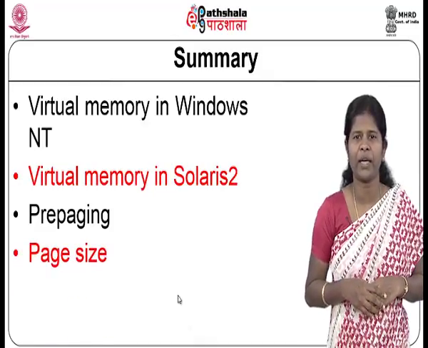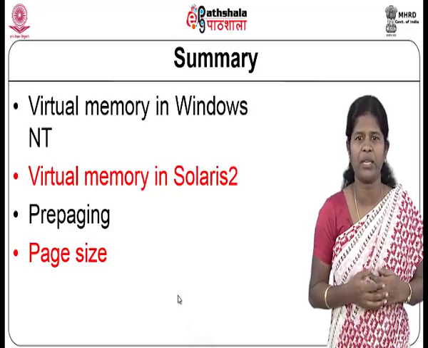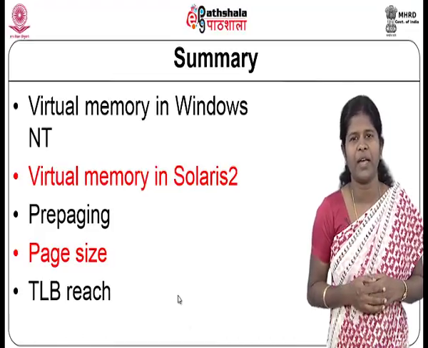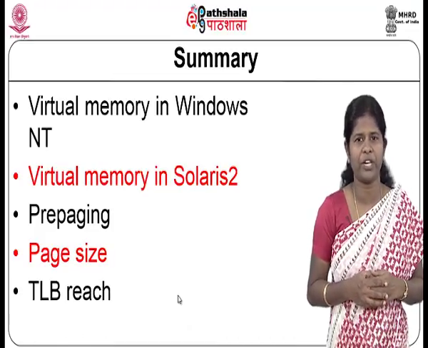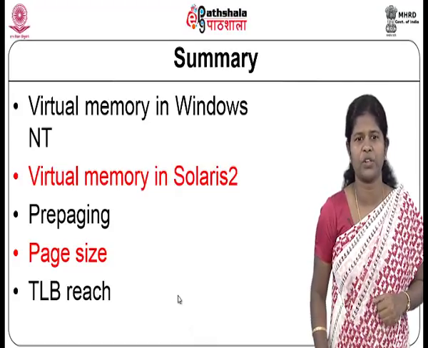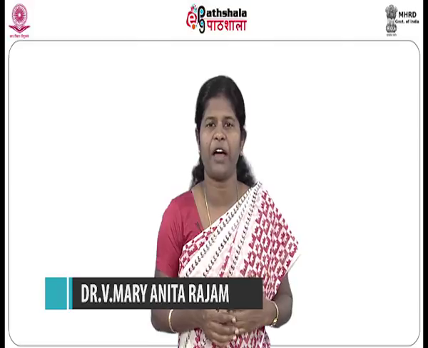Then we saw how page sizes can be large or small, and what the implications of having different page sizes are. And then we understood what is meant by TLB reach, how much memory can be accessed by just looking into the contents of the TLB. Then we also saw how program structure affects the number of page faults, and the user having knowledge about program structure and demand paging will lead to better performance.